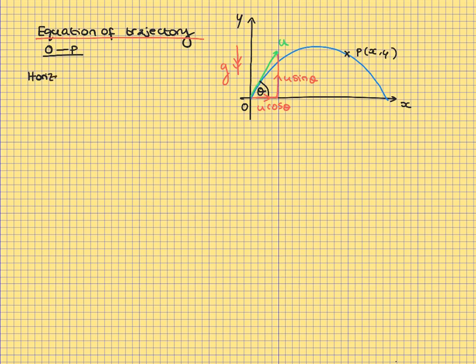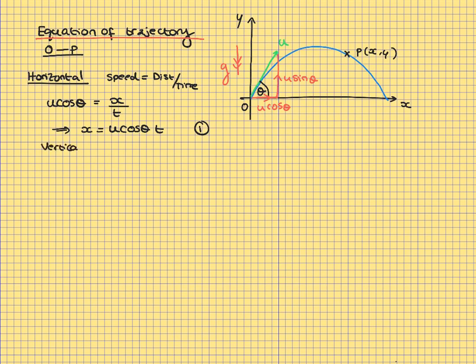We've done this for many, many specific examples with numerical values of speed and the angle. Let's now do this for a general situation. Speed equals distance over time, so our horizontal speed, u cos theta, equals the distance travelled x over the time taken. So x is equal to u cos theta multiplied by t. There's one of our parametric equations.